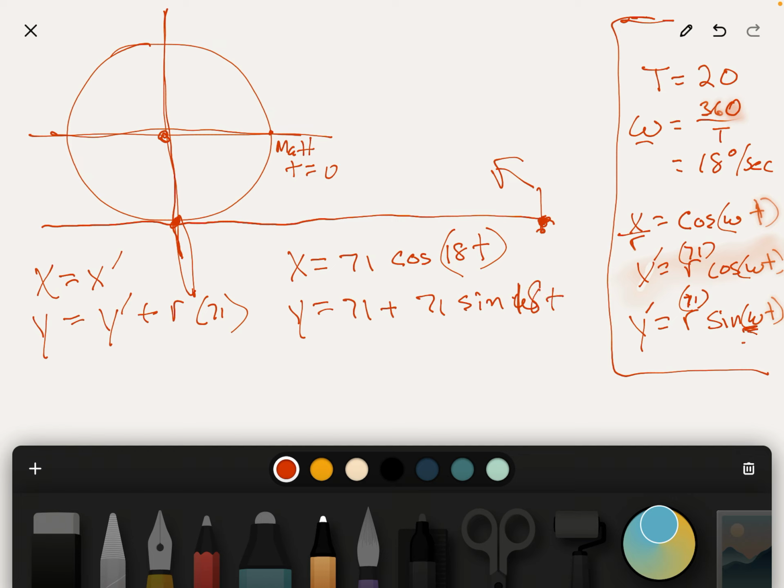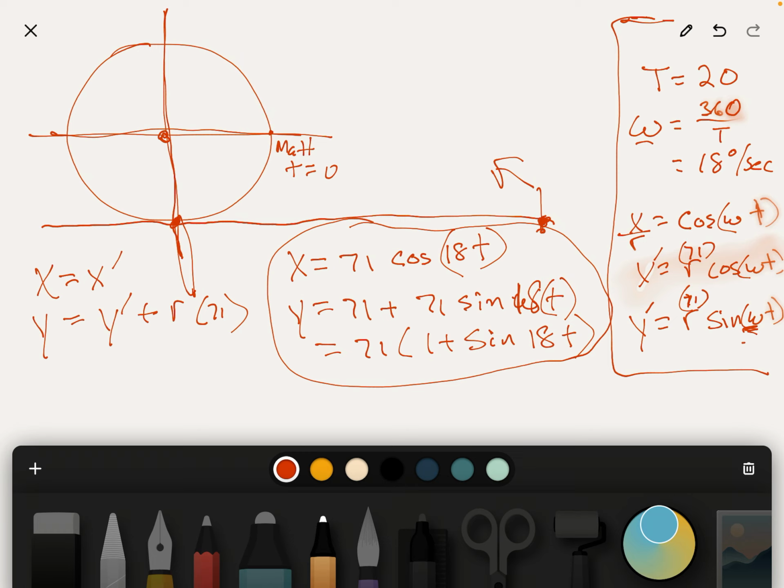That's not a w, that's omega, but again, I'm being sloppy. So 18t, and we can simplify that by just saying 71 times 1 plus sine of 18t. So those are our parametric equations for Matthew.